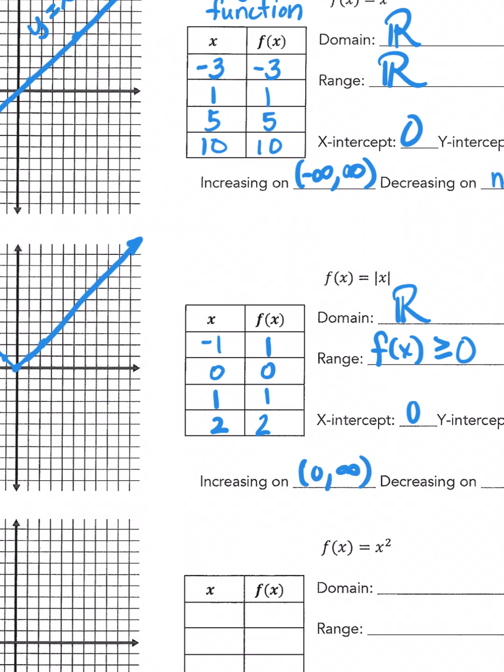Where is it decreasing? Yeah, from -infinity to 0. Remember, we always read it from left to right. So this is absolute value.